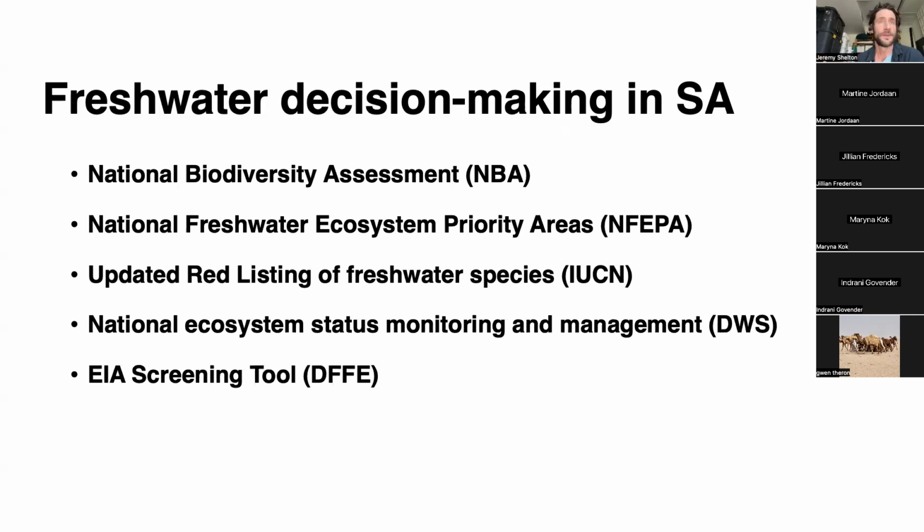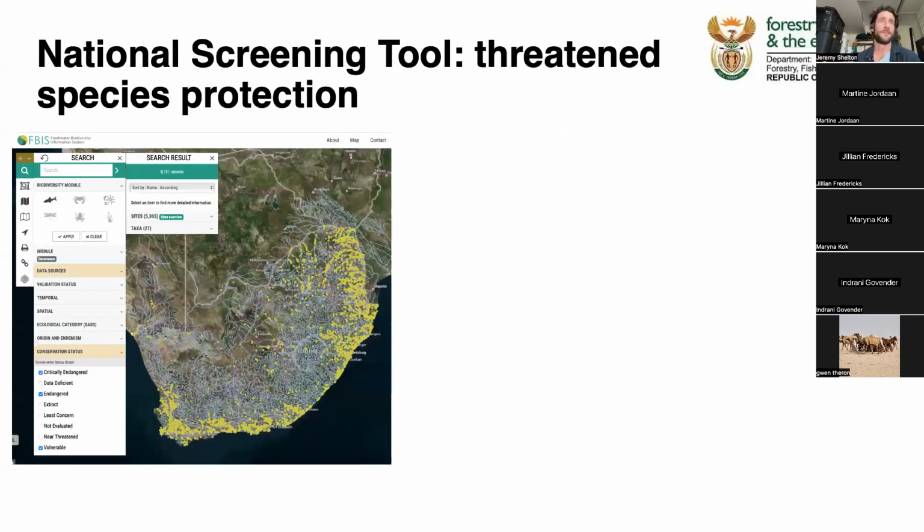And just to show you as an example how that works, the screening tool is basically a sensitivity filter for biodiversity in South Africa to help guide developments across the country.